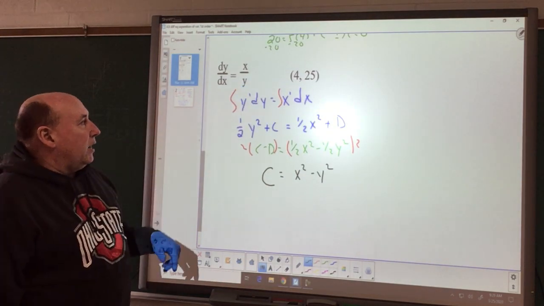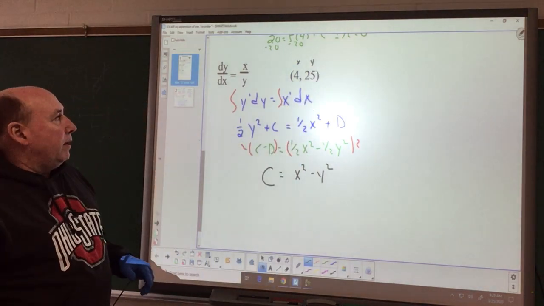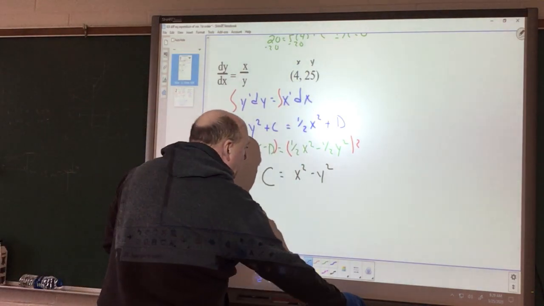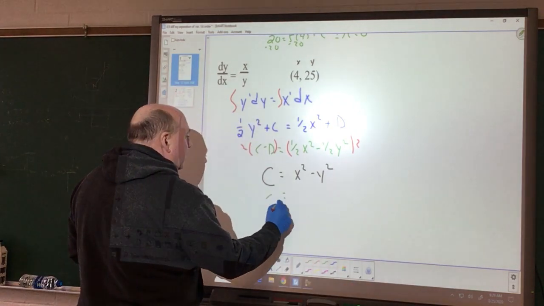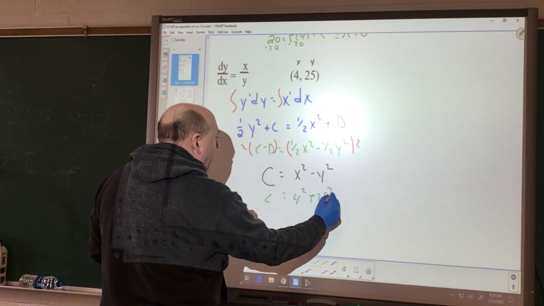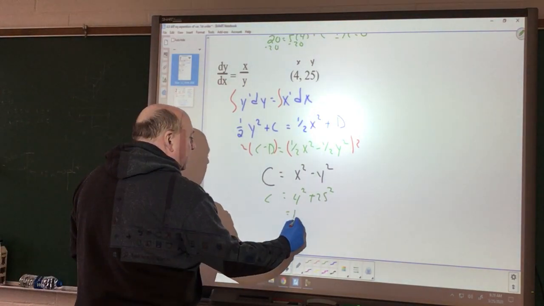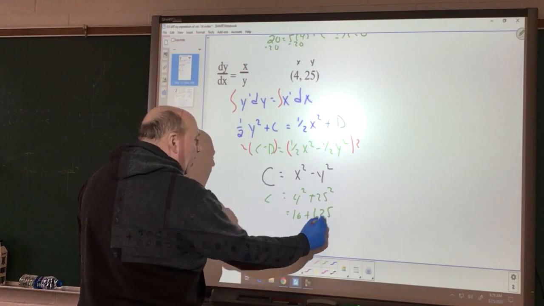My x is a value of 4. My y is a value of 25. So we have c is equal to 4 squared plus 25 squared. This gives me 16 plus 625.